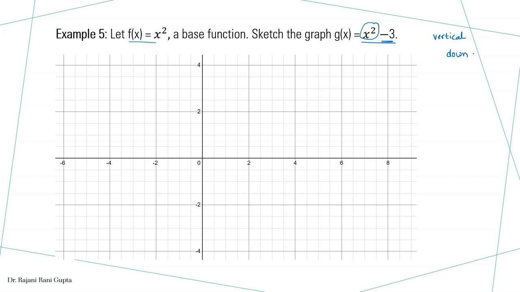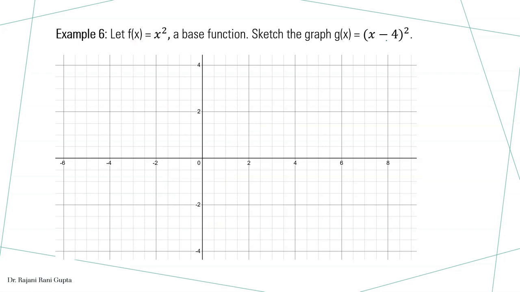Minus means down by 3 units. So down. So this is minus 1, this is minus 2, this is minus 3. So the graph will be like this. Minus 3, it will move through here. So this is your graph x square minus 3. Okay.